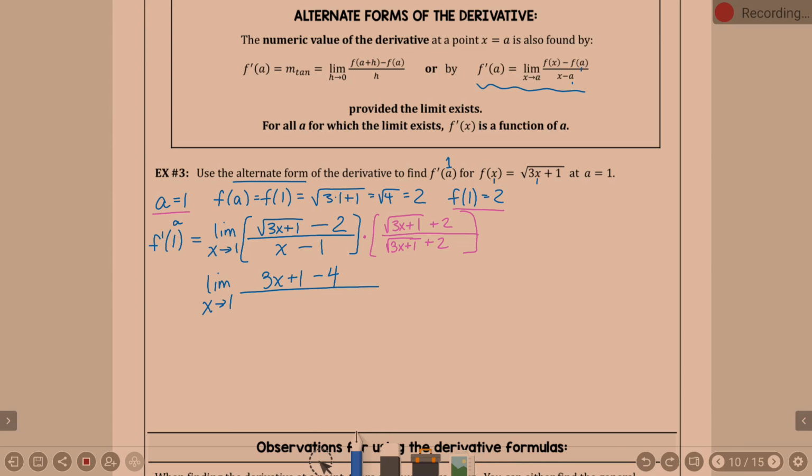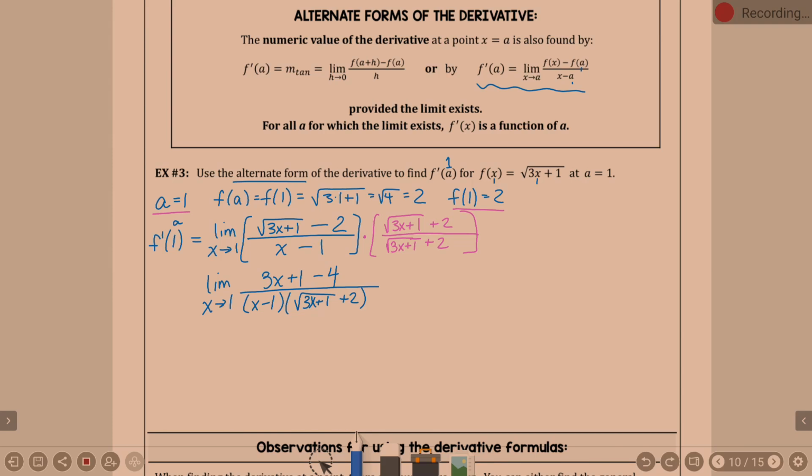Now, in the denominator, we're not going to multiply that out. Just let it be. We're just going to write it as x minus 1 times the square root of 3x plus 1 plus 2. More often than not, you don't have to multiply that other piece out.